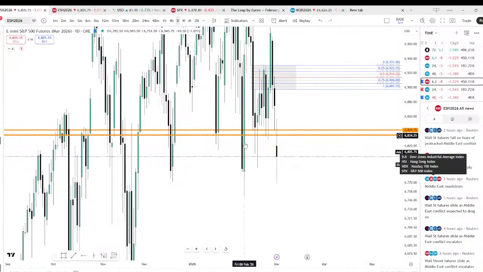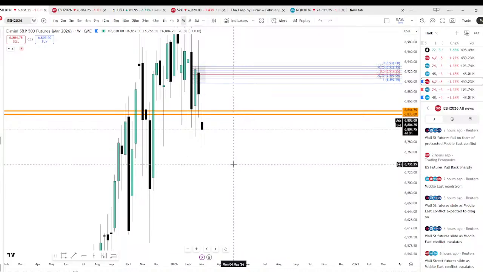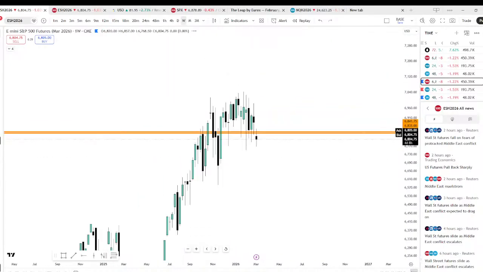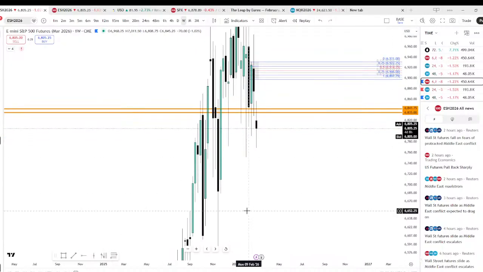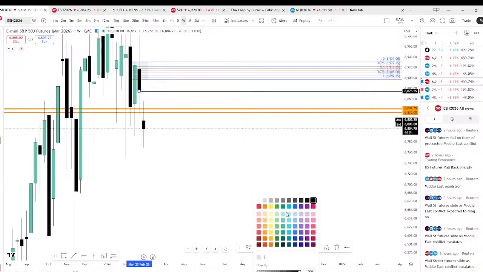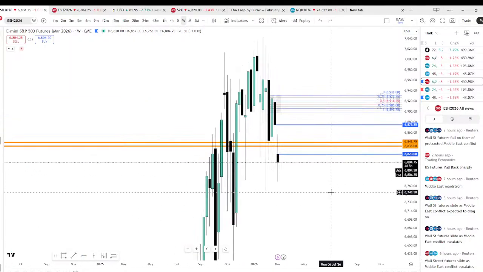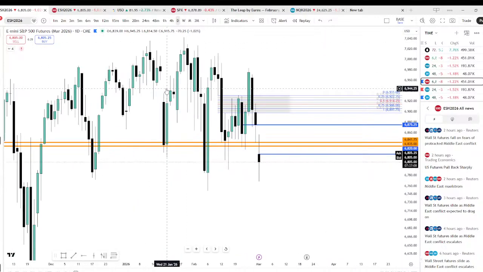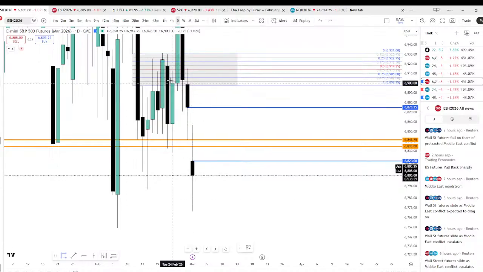Okay, so 3-day, 5-day lookback. Where's the weekly showing us? So there's the opening gap.